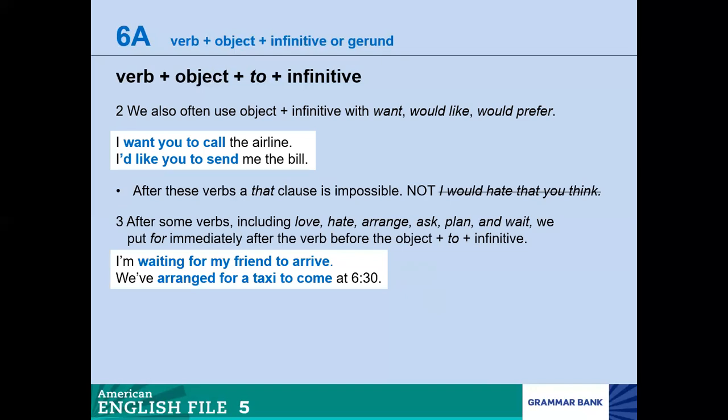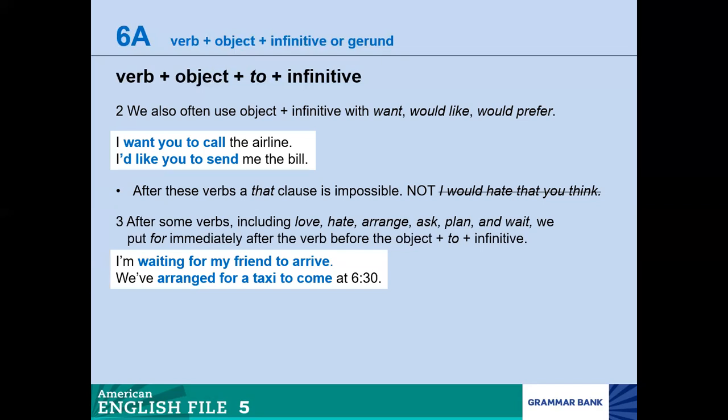We can say that after some verbs, including love, hate, arrange, wait, plan, ask, we put for immediately after the verb, before the object, then to plus infinitive. For instance: I am waiting for my friend to arrive.